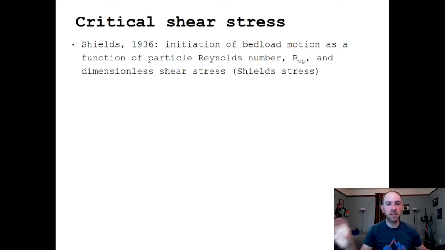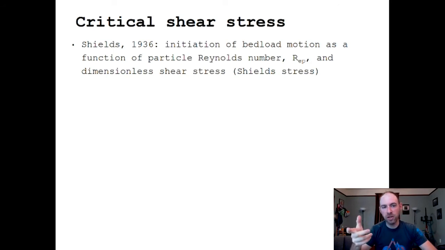It includes the grain size in it. It's sort of the hydrodynamic grain size. It's how the grain behaves in terms of its size in a fluid of a particular viscosity. And a dimensionless version of the shear stress.